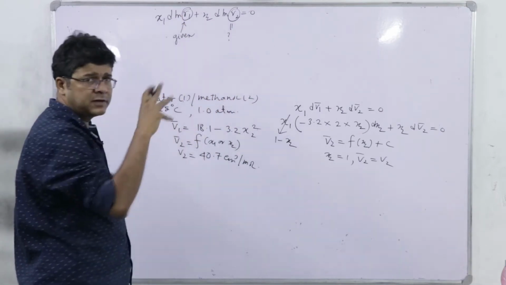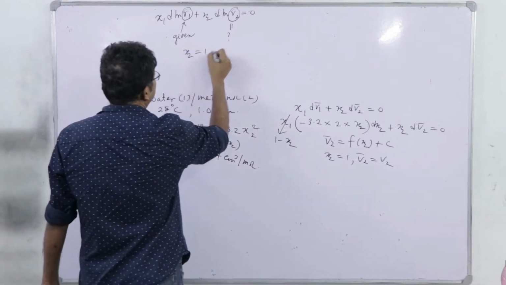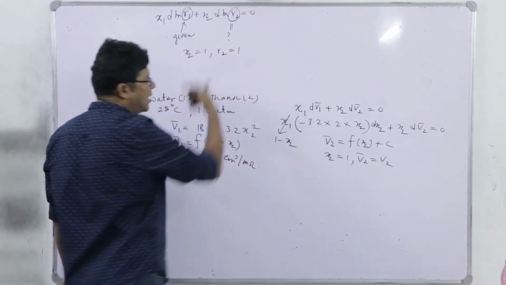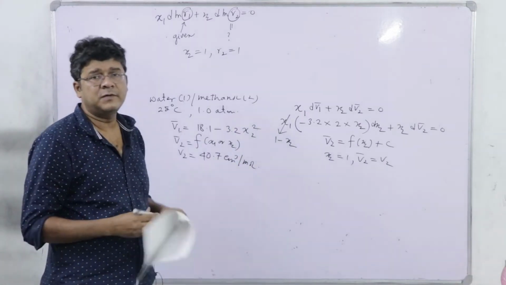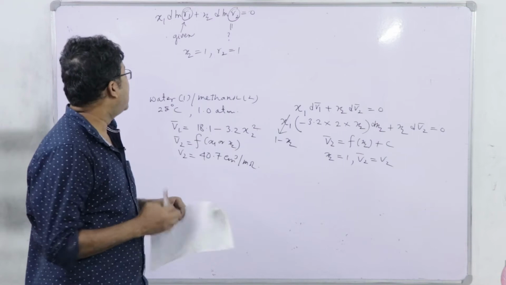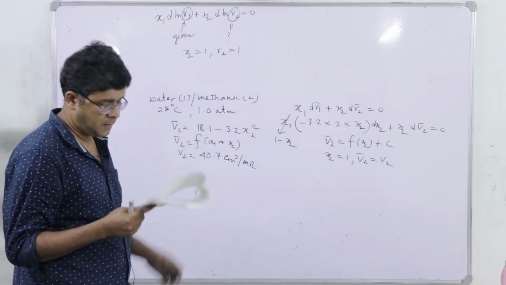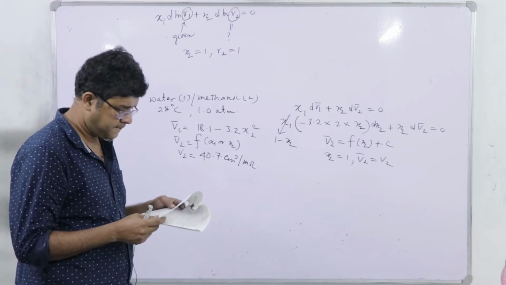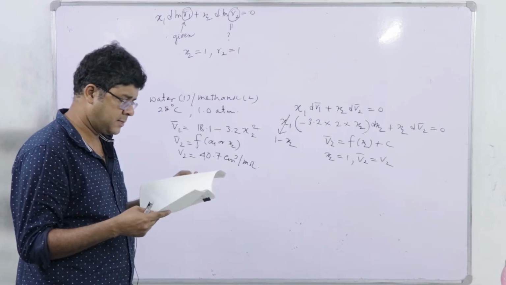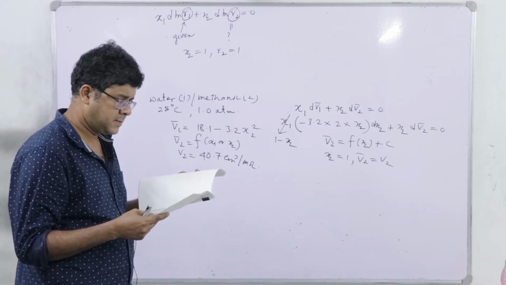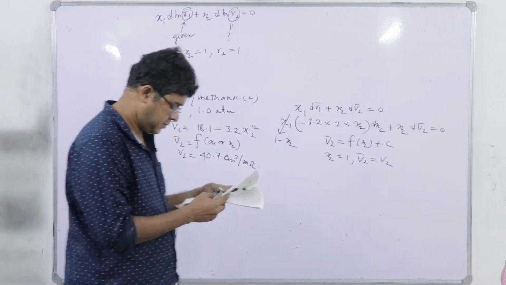Gamma 1 expression, you take the differential, substitute, and we know that x2 is equal to 1, gamma 2 equal to 1, which will not be supplied unlike the previous case, because it is a universal boundary condition for activity coefficient, and from there we can solve this gamma 2. Okay.